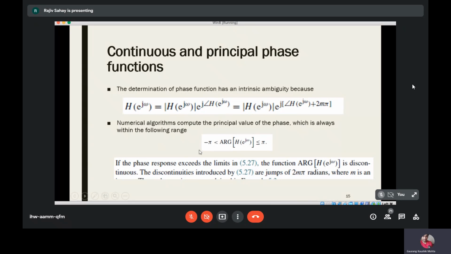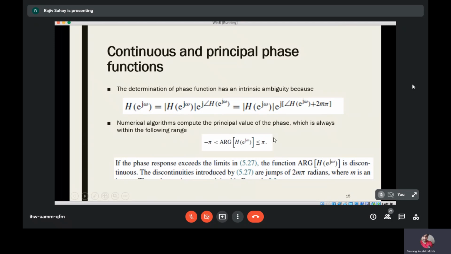Generally, the principal value of the phase is given between minus pi and plus pi, and whatever happens beyond plus pi and minus pi is a repetition of this principal value of the phase function. It will appear as discontinuities or jumps of 2n pi radians, since the phase is getting added with 2n pi.